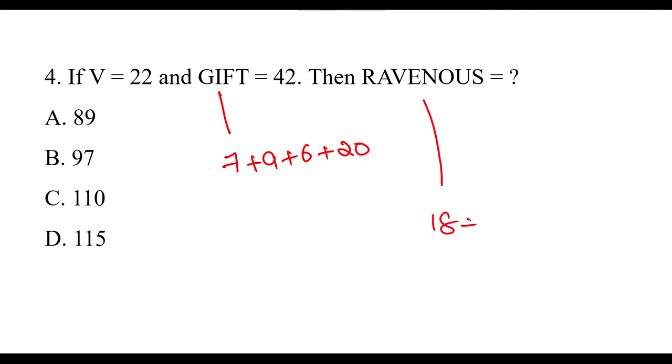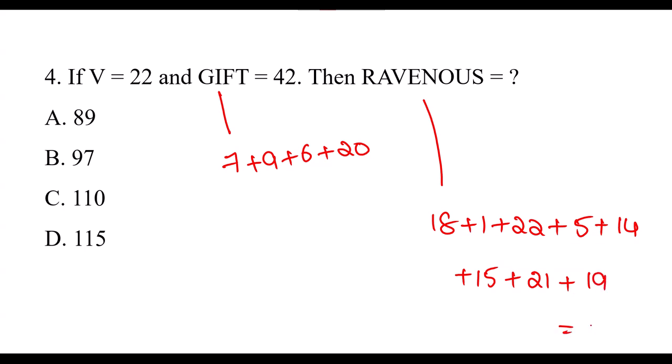So 18, 1, 19, 19 and 22, we have 41, 41, 46, and then 16, 75, along with 21, 96, 96 plus 19, which is 150. In the exam, they're not expecting people to write it out also, you can directly calculate. That's nothing wrong.